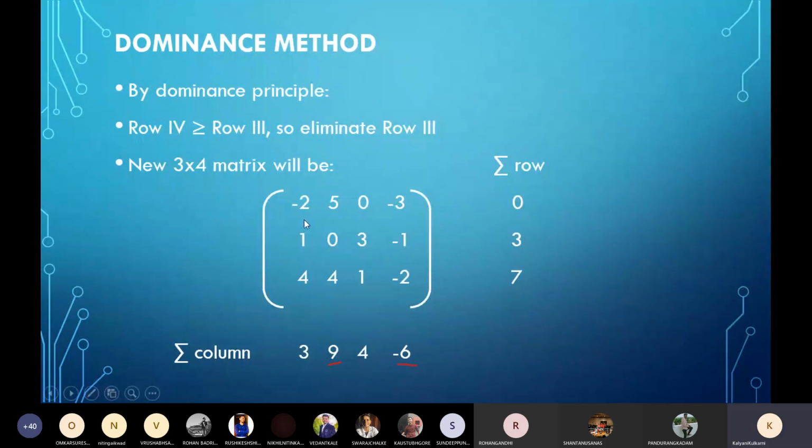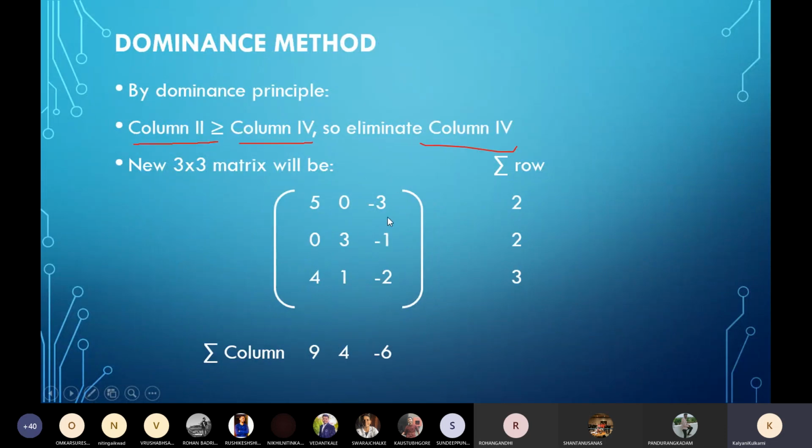Eliminate column 4. So now I get column 1, column 2 and column 3 as they are. Now it becomes a 3 by 3 matrix. So eliminating column 4, I get column 1, column 2 and column 3.